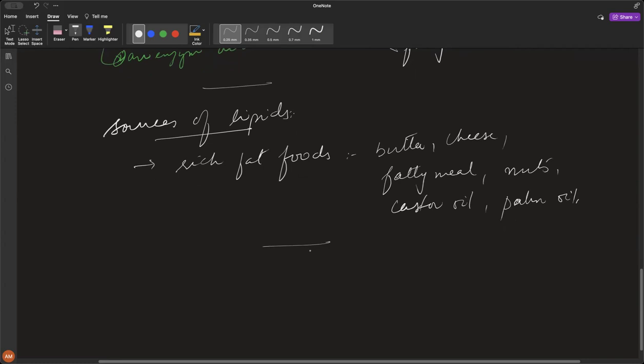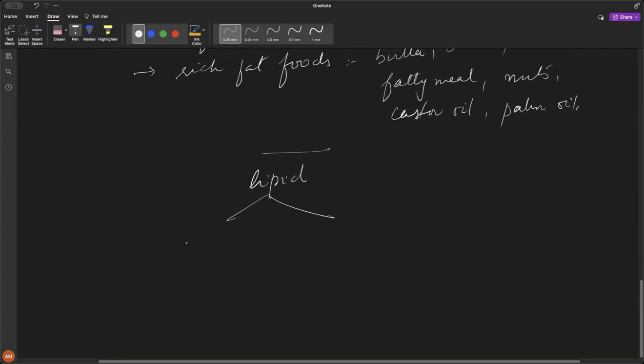Important part. You can say that the lipids, we were able to distinguish them between two types: fats and oils. Fats are basically also called saturated fats, saturated lipids or fats.